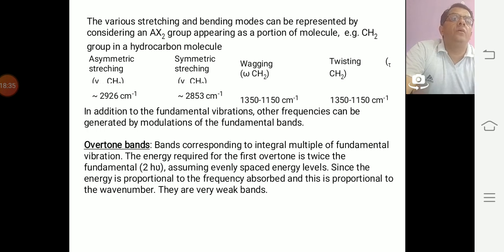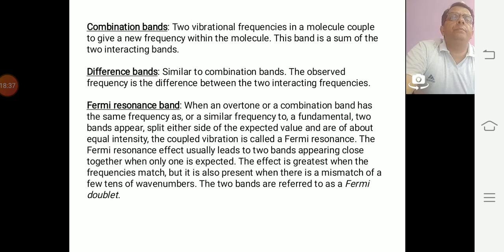They are very weak bands. Other bands also recorded are combination bands. Two vibrational frequencies in a molecule couple to give a new frequency within the molecule. This band is the sum of the two interacting bands, and it is also very weak.